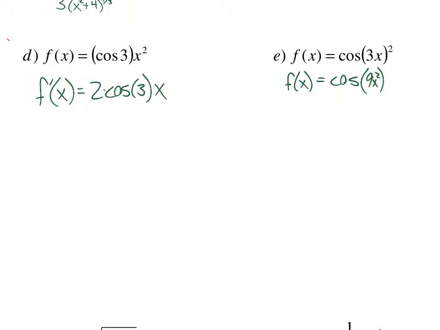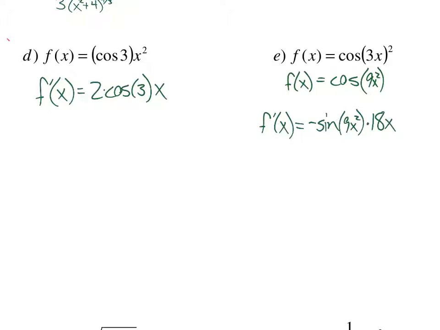So now, again, let's try doing the chain rule without writing everything out. What's the outer function here? Cosine. What's the derivative of cosine? Negative sine. We're still taking the negative sine of the 9x squared. Here's the chain, though. We have to multiply by 18x, the derivative of the inside.